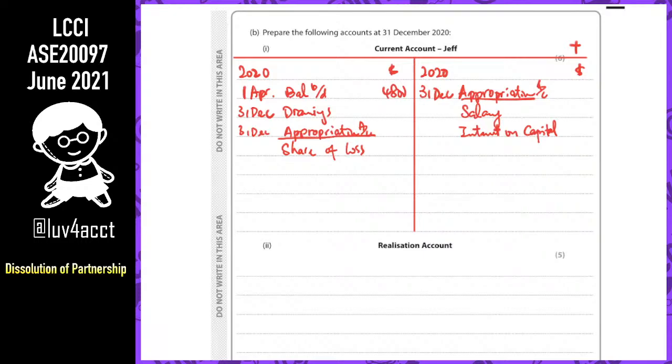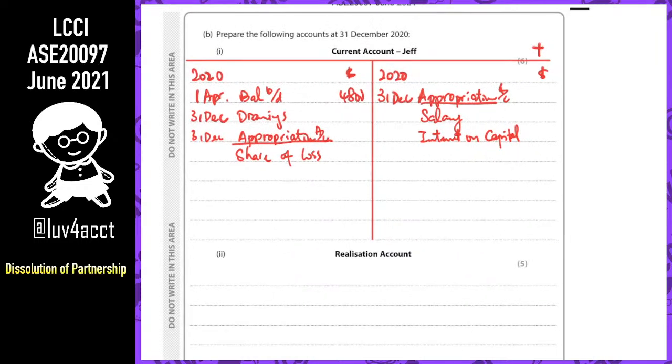So let's see. Salary 24,000 a year, but then you only have 9 months. So you have 18,000. So interest on capital.